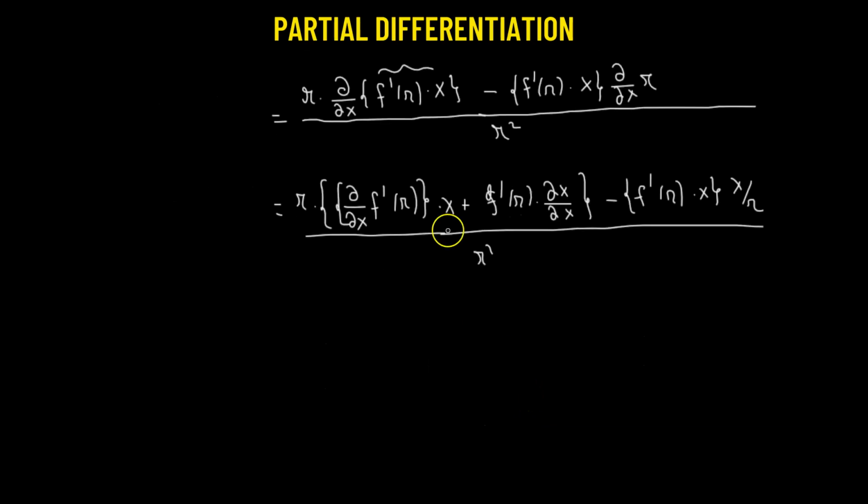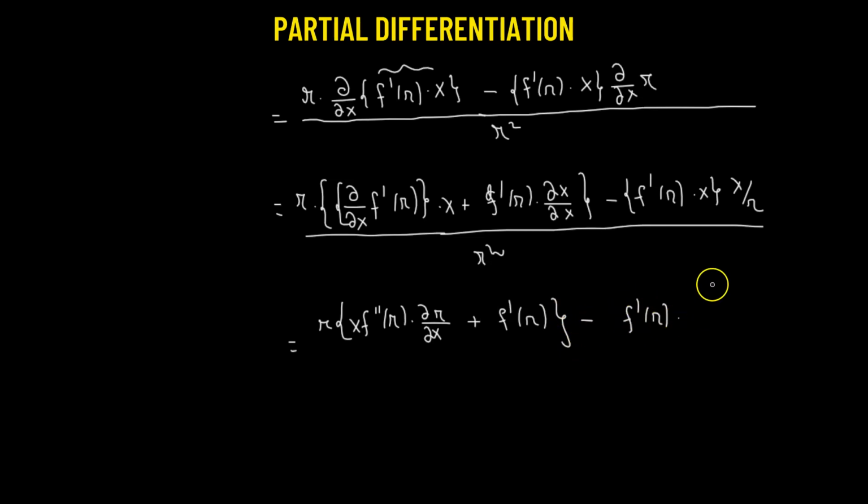So now we will further simplify the given expression in the numerator. We have r multiplied by, so the partial with respect to x of f prime r will become f double prime r multiplied by the partial of r with respect to x. We have to use the chain rule here, and we also have x multiplied to it, plus f prime r and the partial of x with respect to x, that's simply 1, minus f prime r multiplied by x times x over r, so this will be x squared divided by r, whole divided by r squared.